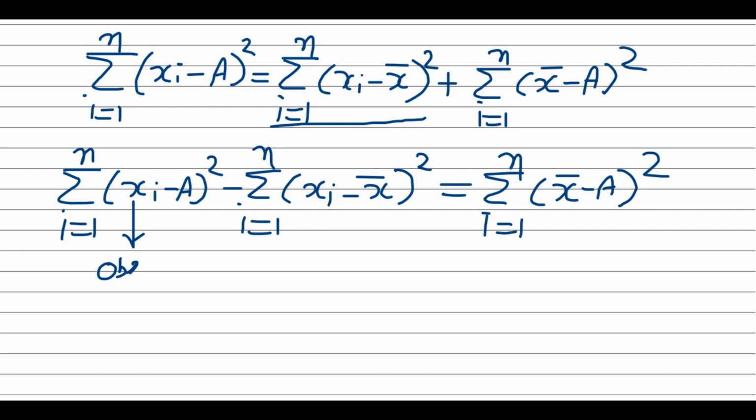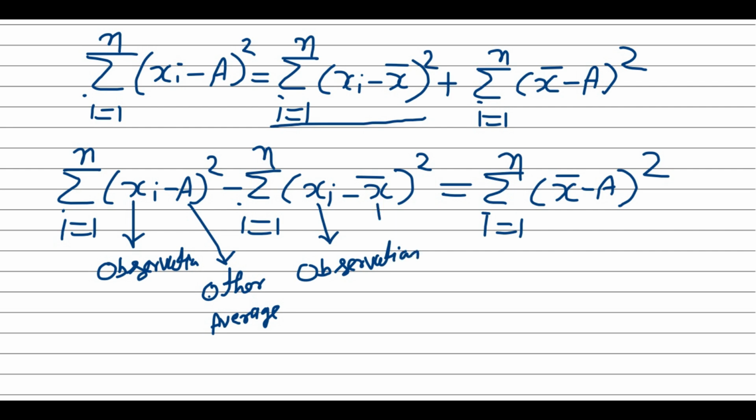So you can see that this is your observations, and that is another average, I'm writing another average, and that is also observations, and that is the mean. So see that the property is that if you take deviation from another average, and if you take deviation from the mean, that would be minimum.